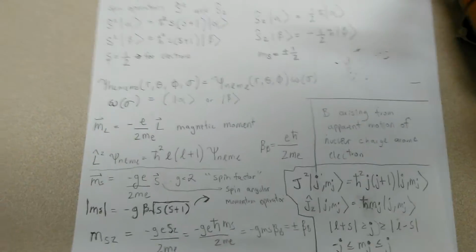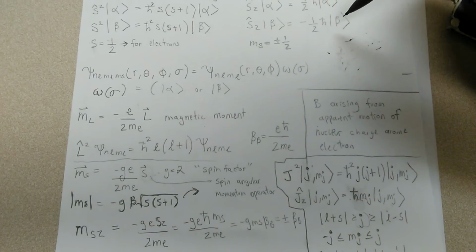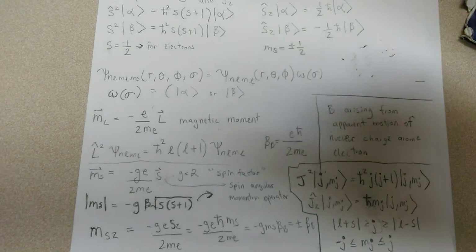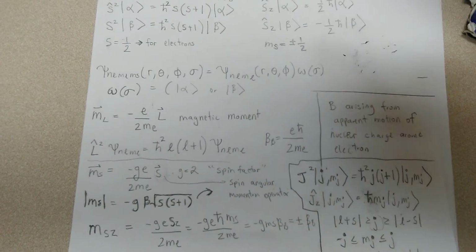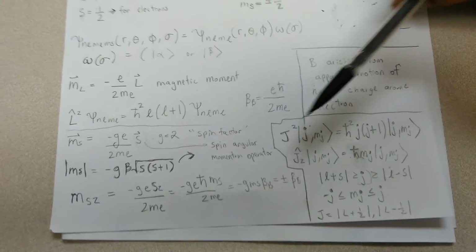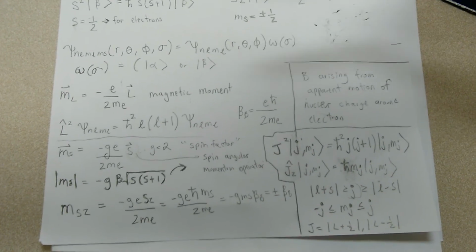This is analogous to the Earth rotating around the sun. There's an angular momentum associated with the Earth rotating around the sun, and there's an angular momentum because the Earth rotates about its axis. So the new quantum number has to be the sum of the two.